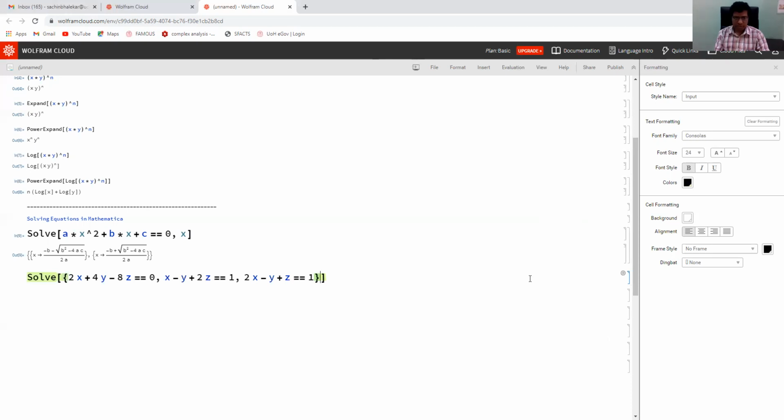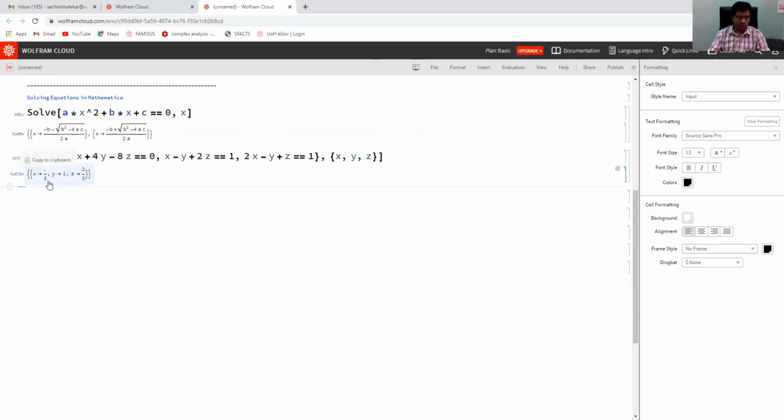So this is the first part where we put all the equations, then comma. The second list is the list of variables used here. Here we have x, y, and z. Okay, and run. So this is the required answer. x is 2 by 3, y is 1, z is 2 by 3.